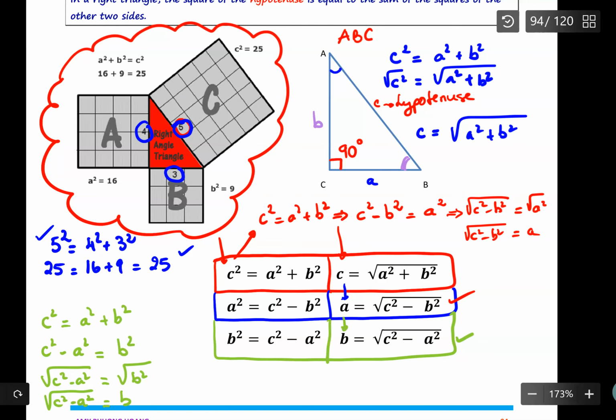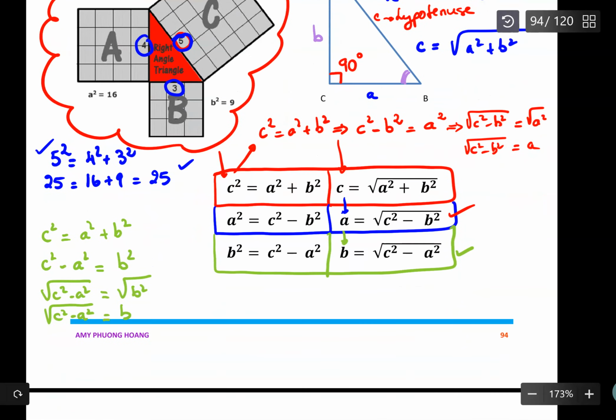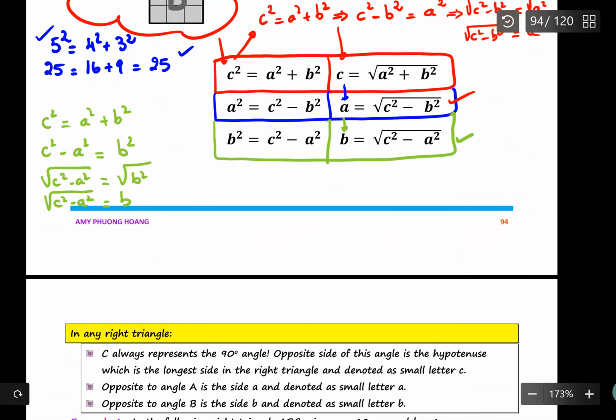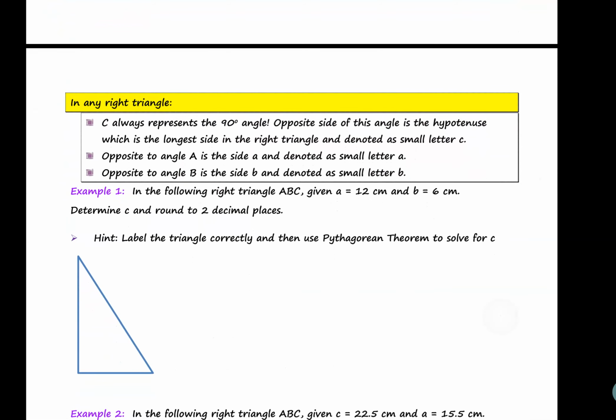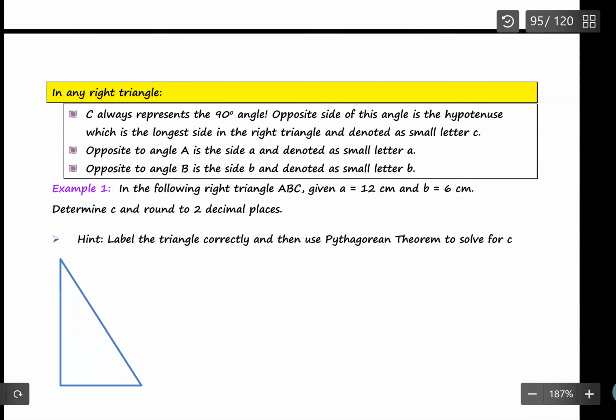Alright, let's move on to the example, where we are going to solve for a certain side in a right triangle. Again, I would like to remind everyone that we need to make sure we have a right triangle to work with. C always represents the 90-degree angle.